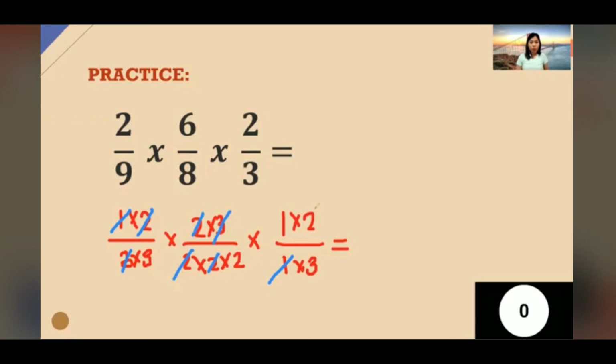Wala. 2. Meron pang 2. Okay. Ano yung number na natira sa taas? 1. Number na natira sa baba? We have 2 3s. Alright? So, 3 times 3? 9. So, the answer is 1/9. Got it right? Very good. Any questions?